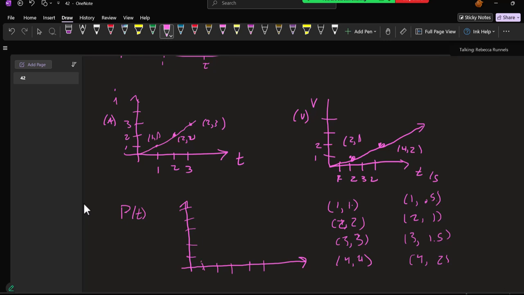So at 1, I have 0.5. 2 times 1 is 2. So at 2, I have 2. 3 times 1.5 is 4.5. And 4 times 2 is 8. So at 4, I have 8. And I know it's supposed to be parabola shaped, so I try to draw it kind of parabolically. That makes sense. So does that help?